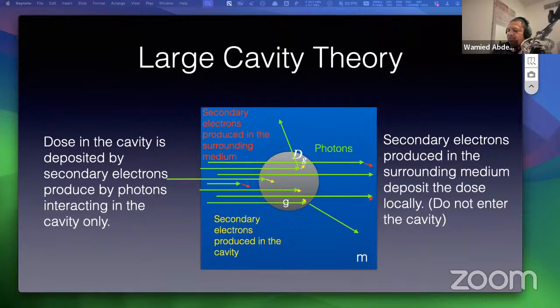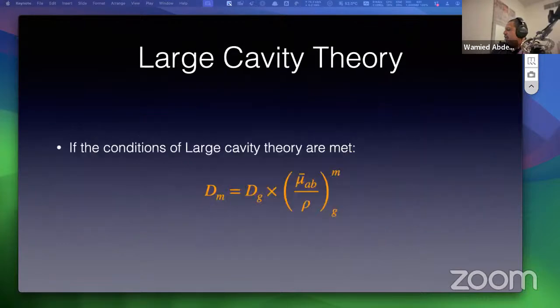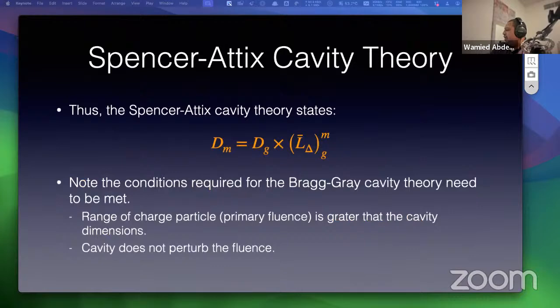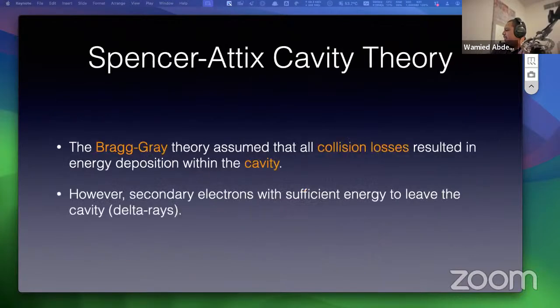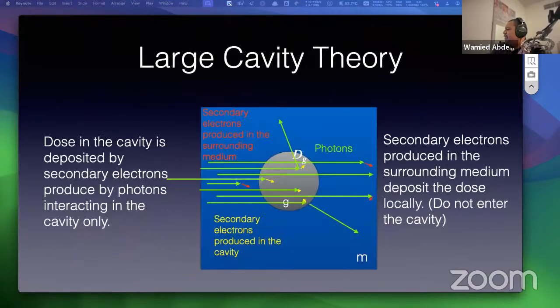Now, I don't have a figure for it, but remember, we're not interested in the dose in the cavity. We're interested in the dose in the medium. So if we remove this cavity and put medium there, then we are interested in the dose in the medium there.